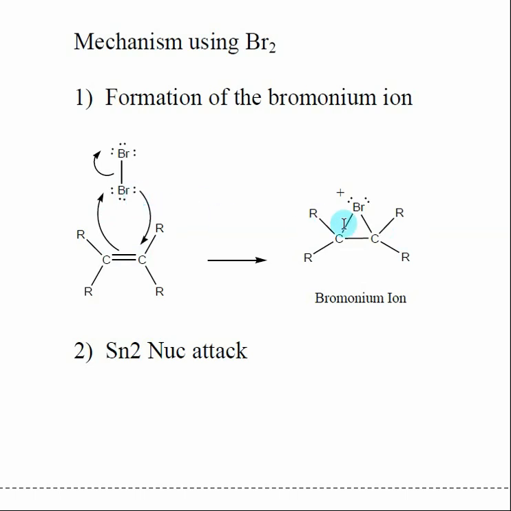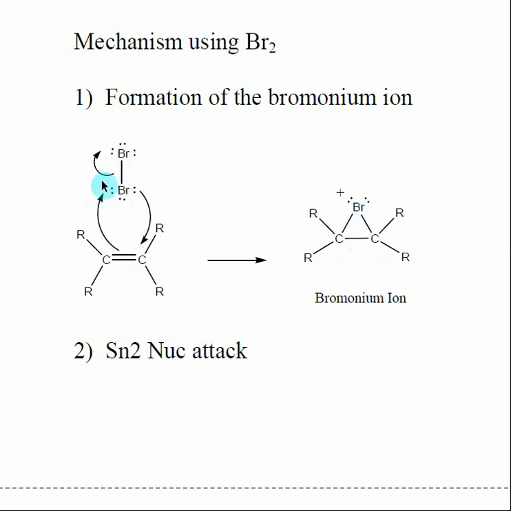So this is where the first bond between bromine and carbon comes from, this first arrow. The double bond, or the pi bond, the electrons in the pi bond also attack the bromine. So a bond attacking an atom forms a bond. The electrons attack the bromine, and that forms this second carbon-bromine bond.